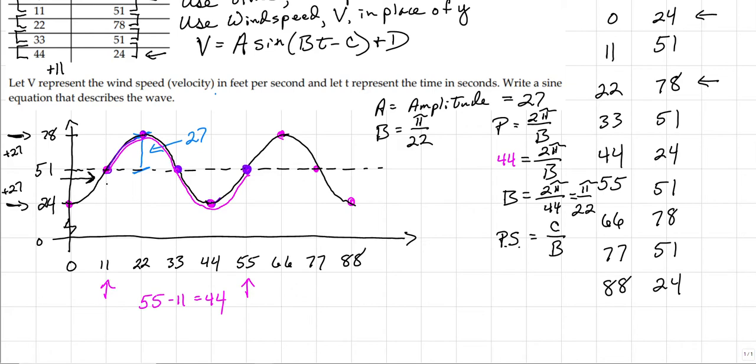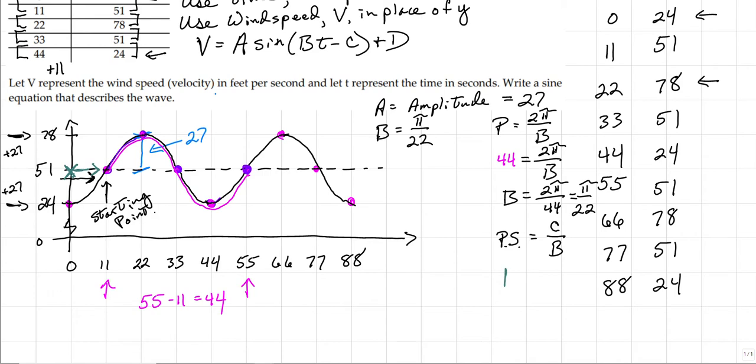We'll come back up to this and we note that the graph is actually shifted to the right, so that my initial starting point is 11 units to the right of where it would be in a traditional sine curve of y equals sine x. So we've gone from this part right here over to this right here, which means that the phase shift is 11 units.